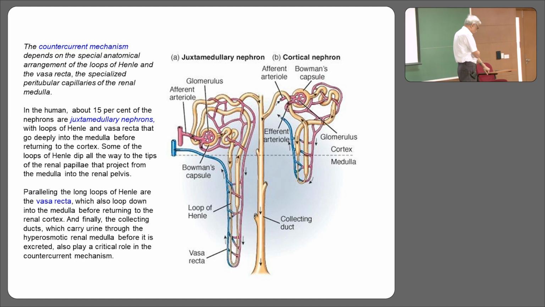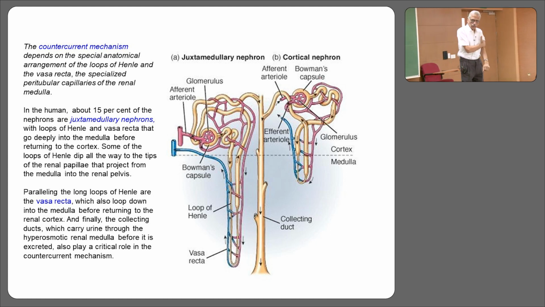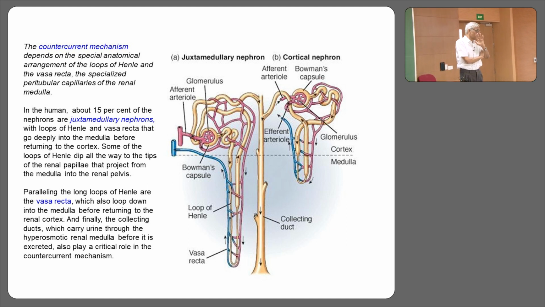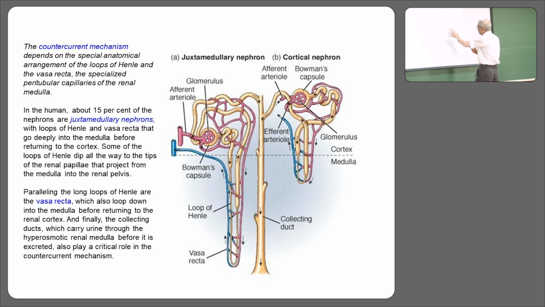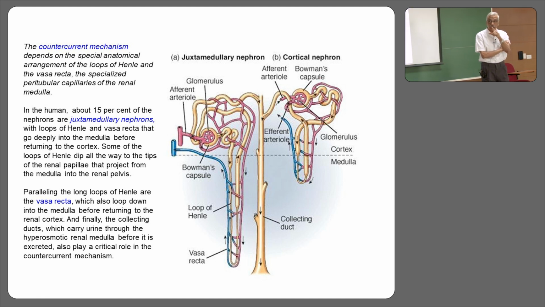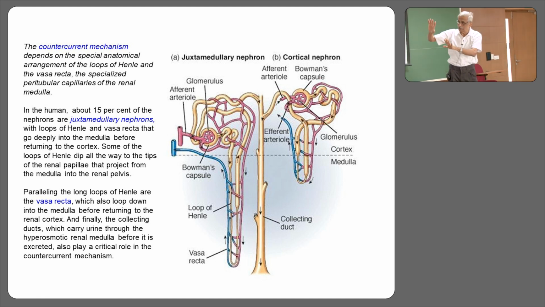We have done this. Do you remember what this is? Two kinds of, very good, two kinds of what? Two kinds of nephrons. One of them is cortical and the other one is juxtamedullary. Now we will focus on juxtamedullary nephrons, of which 15-20% of the nephrons are of this type, and these juxtamedullary nephrons play a very important role in generating that gradient which we saw in the previous slide.